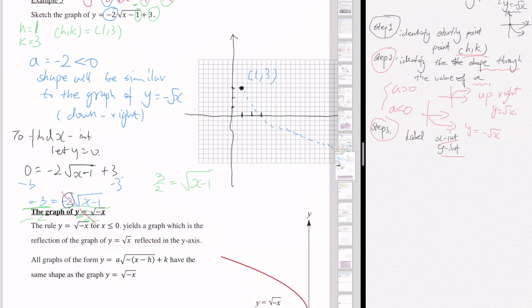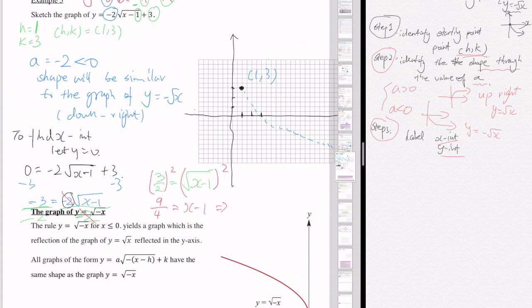Okay, so now to cancel out the square root, I need to square both sides. So the left hand side is going to be 9 over 4, equal to x minus 1.